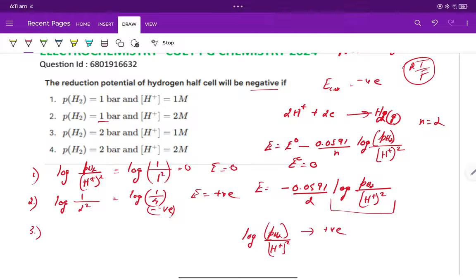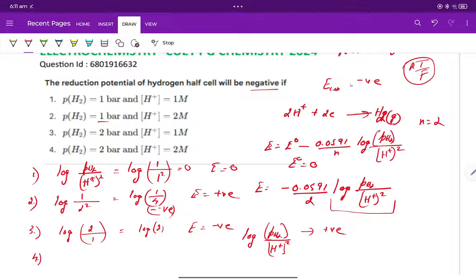Now let us check the third option. That will be log of 2 bar divided by 1, so log of 2 by 1 will be equal to log of 2. Log 2 is a positive value, so this E value will be negative.